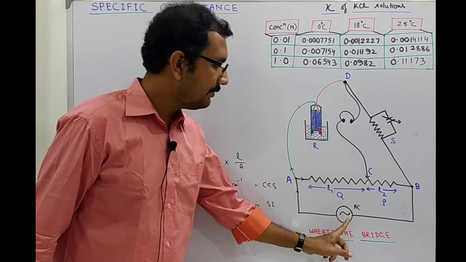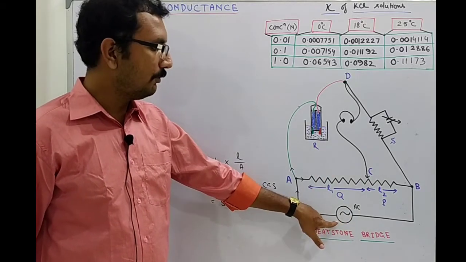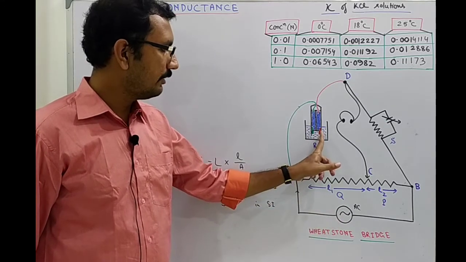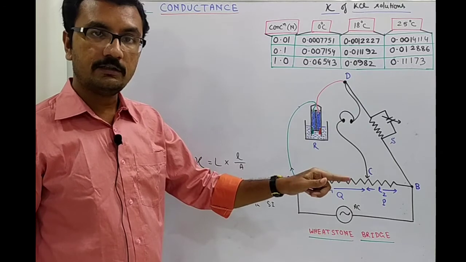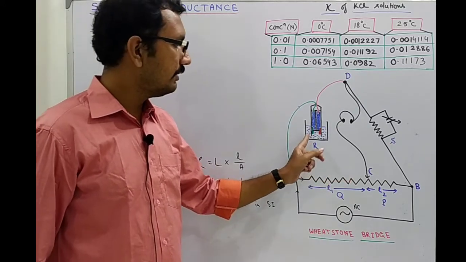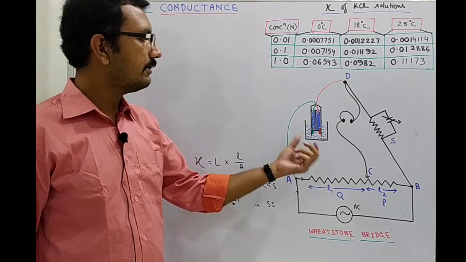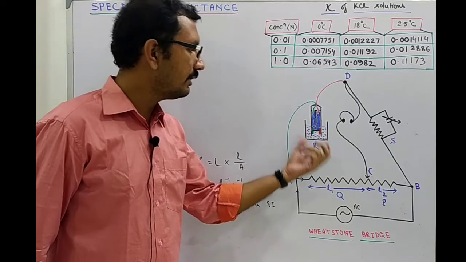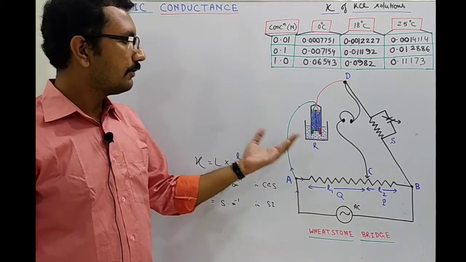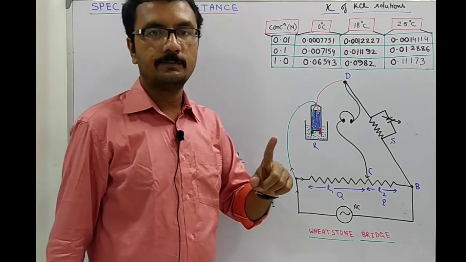Direct current means you are connecting it with a battery, so that has a definite pole, plus or minus, and it will remain constant. So, the negative ions will go to the positive electrode and the positive ions will go to the negative electrode and electrolysis will start. If the electrolysis starts, then the concentration will change. So, that will give you an erroneous result.